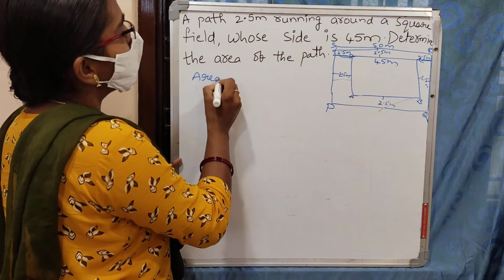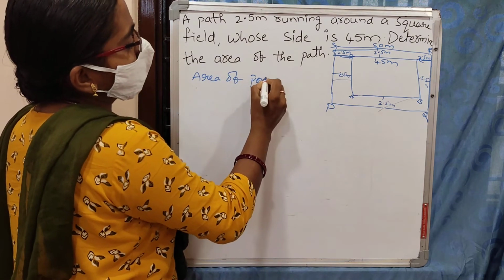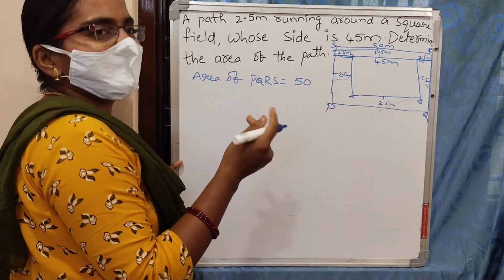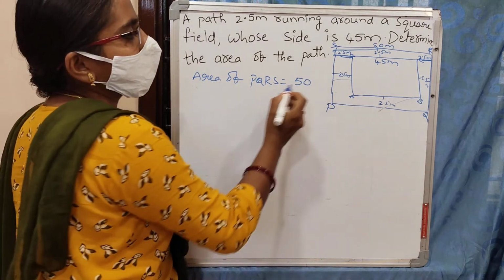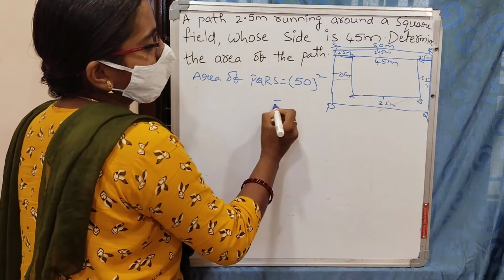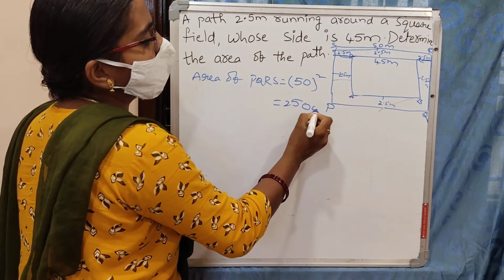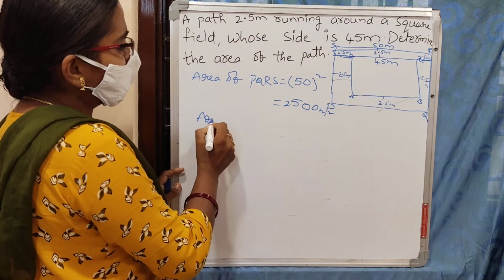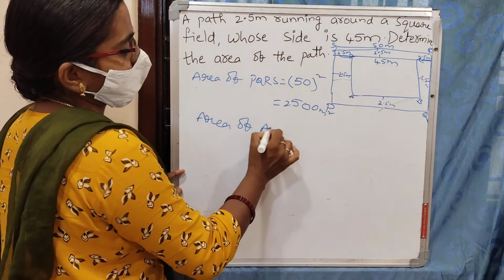Then the area of PQRS is equal to S square. The area of a square is S square. So S is 50, 50 square. 50 square means 2500 meter square. That is the area of PQRS. Next, the area of ABCD.